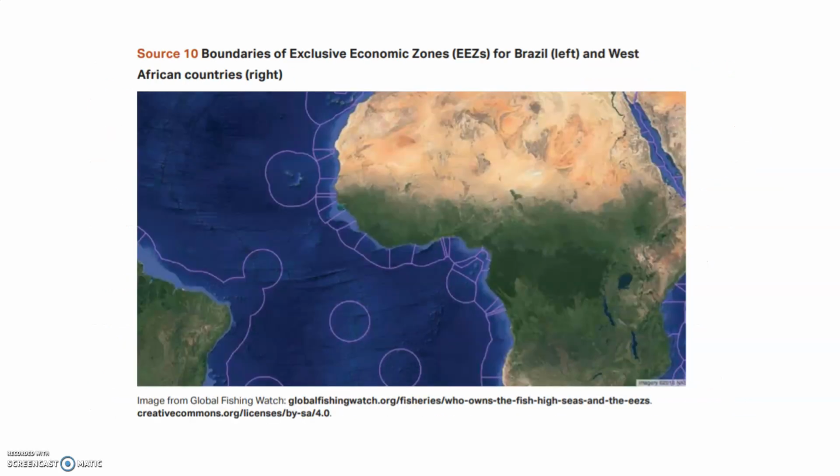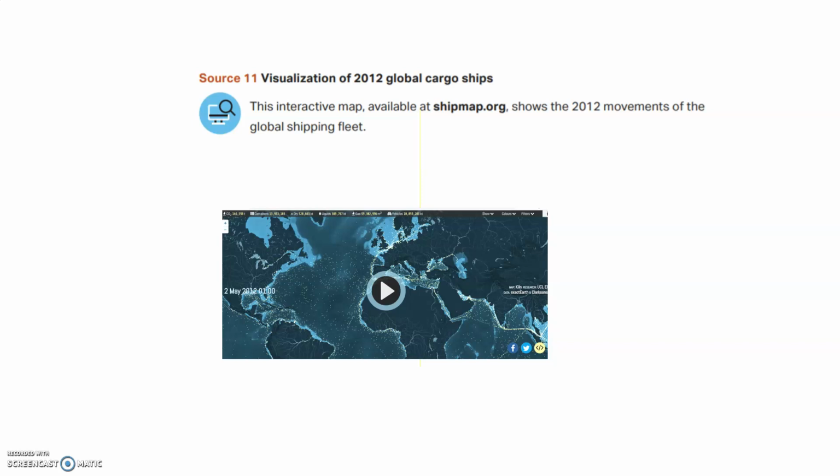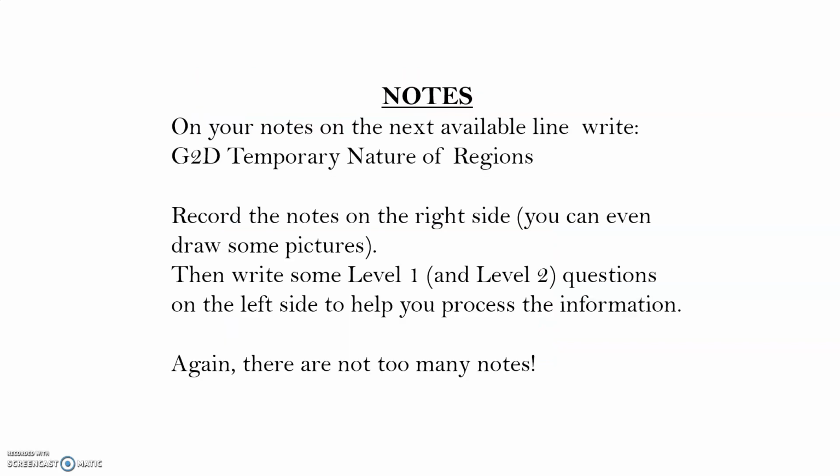You will then be analyzing this satellite map, which is also on EEZ, so boundaries of those exclusive economic zones, or EEZs, for Brazil and Western African countries. Again, we're going to look at how those boundaries are not always formal. And then we are going to look at this interactive map that shows shipping channels and cargo ships. We're going to see how these regions' boundaries are definitely fluid.